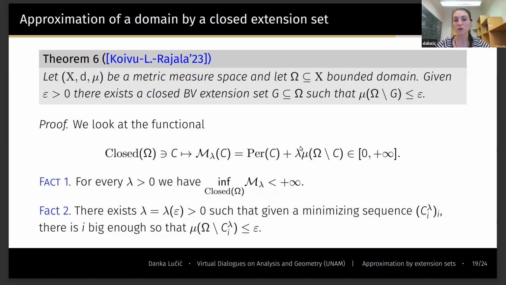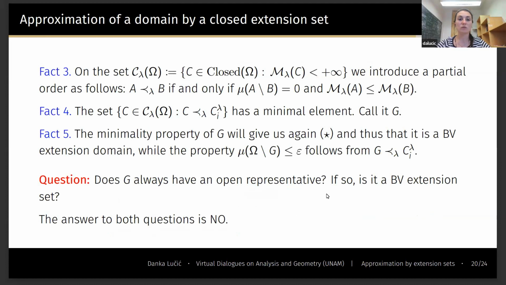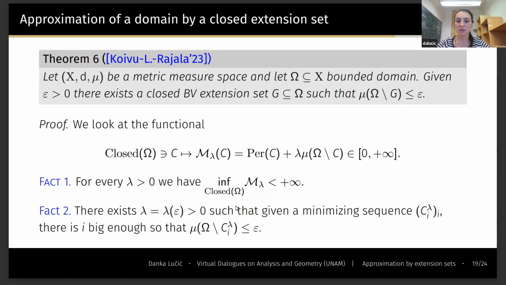And why is this? Because lambda is competing with the measure of the difference of omega and C. So you can find lambda big enough so that this gets small enough in order to minimize the whole function.